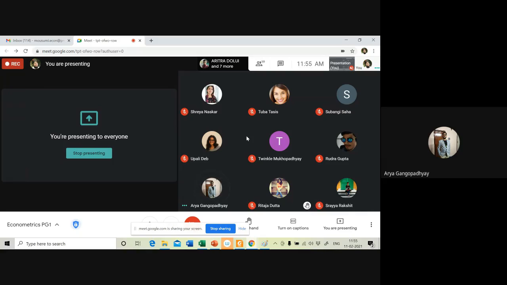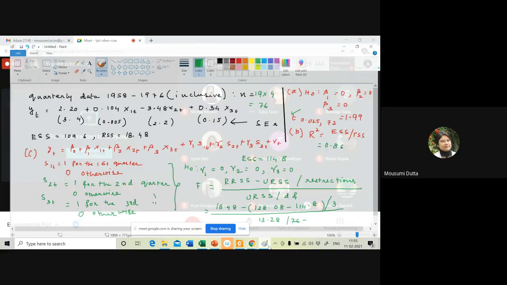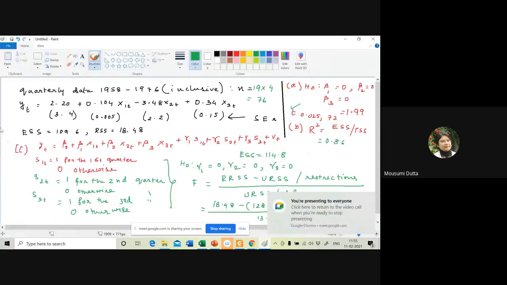Ma'am, it's 6. There are 7 parameters in the unrestricted model. If I do not count gamma parameters, in that case, I'm talking about the restricted model only. If I talk about beta naught, beta 1, beta 2, beta 3, 4 parameters, I'm talking about the restricted model.